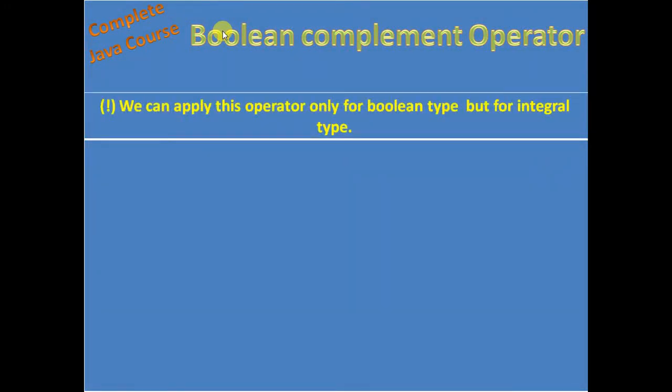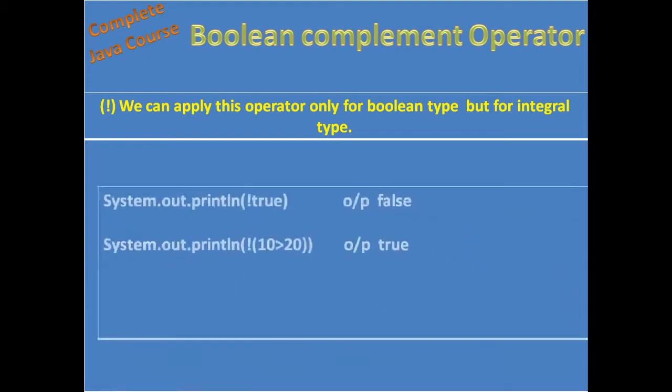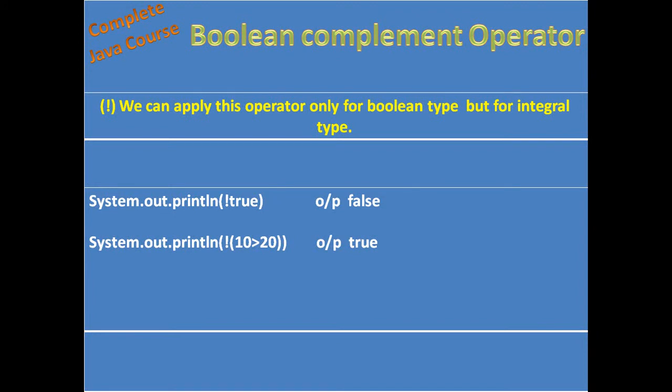Next one is the Boolean complement operator, which is the negation sign. We can apply this operator only for the Boolean type, but not for integral types. For example, System.out.println of true.